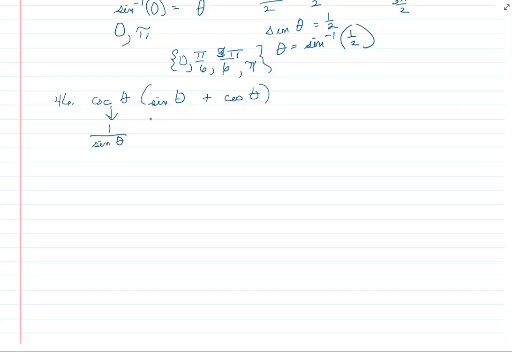And we're going to distribute that through and come up with the identity for this guy. So I would have 1 over sine theta times sine theta plus 1 over sine theta times cosine theta. And these cancel, so I have 1 plus, and this is what? Cotangent theta?